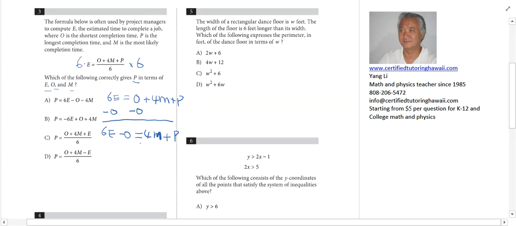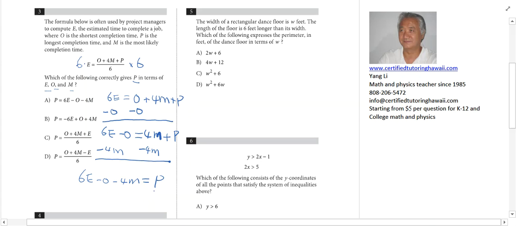And then we're going to continue the transfer. I'm going to move the 4M from the right side to the left side. So I minus 4M and the minus 4M. So after that, I will get 6E minus O minus 4M equals to the P. So that's the answer.